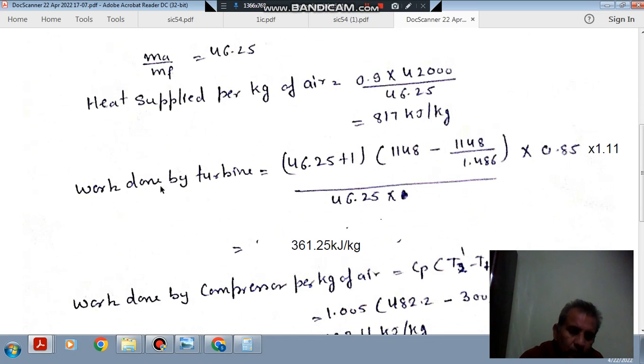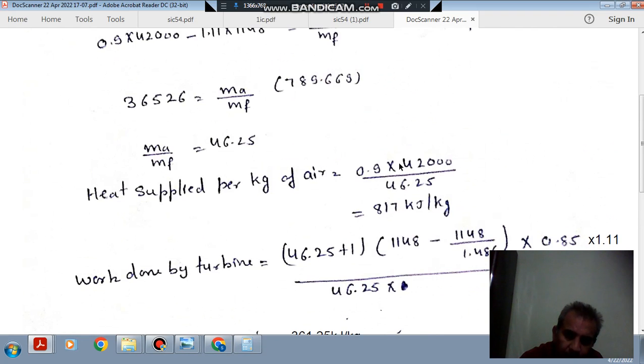Now work done by turbine: per kg of air, the gases contain 1 plus 1 by 46.25 kg. This is the mass per kg, and CPG, Cp of gases, is 1.11. The efficiency of the turbine is 0.85, and the initial T3 is 1113.